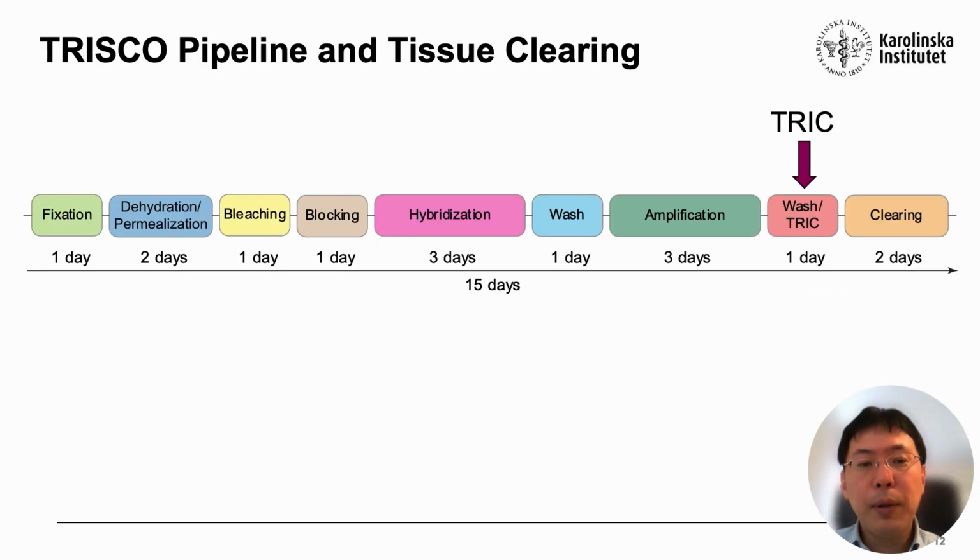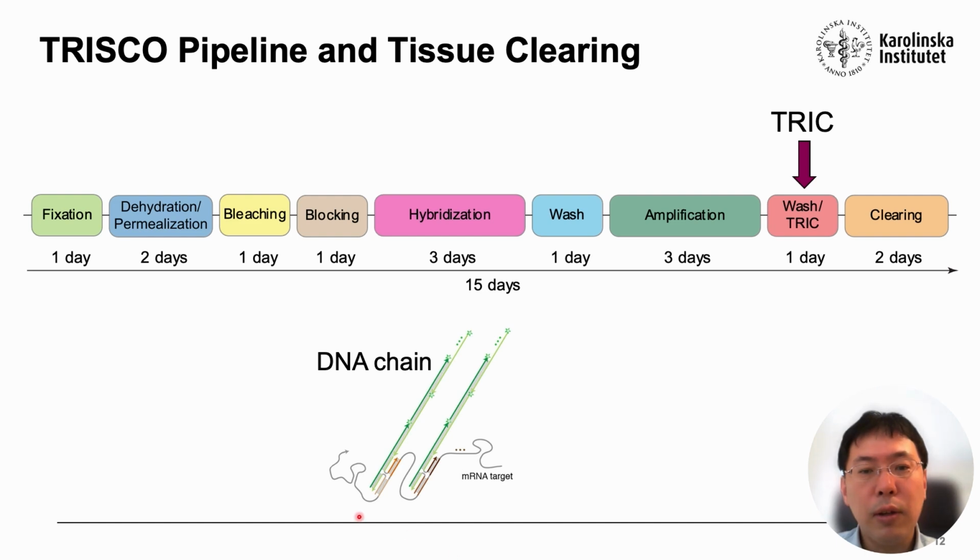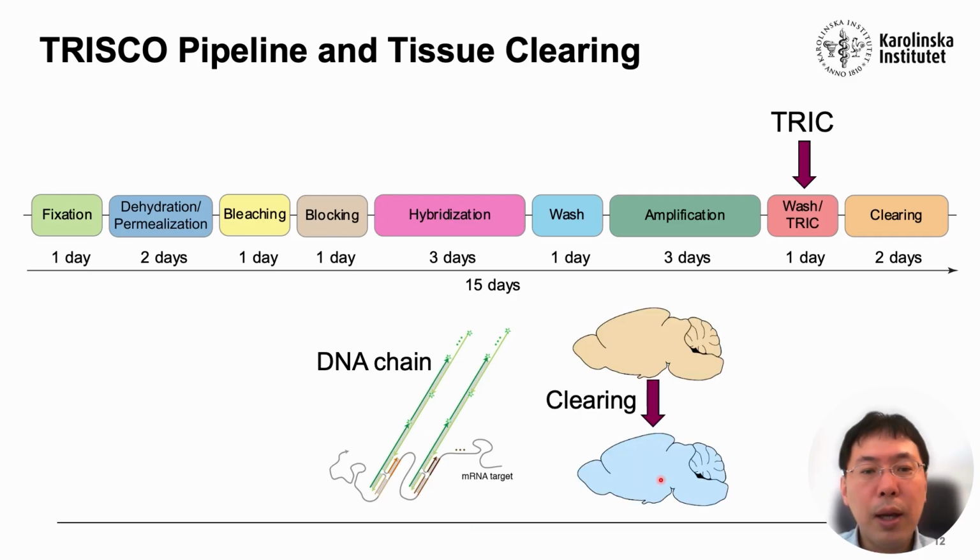The final aspect of our method involves tissue clearing. In our approach, RNA is detected via DNA chains generated by in situ HCR method. It's crucial to ensure that these DNA chains remain in their original locations during the tissue clearing process. At the same time, tissue must be sufficiently cleared for light sheet microscopy.